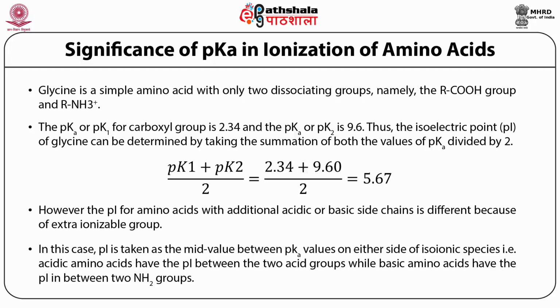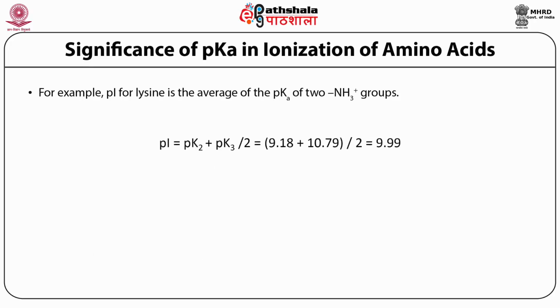Similarly, in the case of basic amino acids such as lysine, the pI is the average of the pKa of the alpha NH2 group and the epsilon amino group, or the pI of arginine is the average of the pK of the alpha amino group and the pK of the guanidinium group. In this example, you can see that lysine has a pI which is the average of two amino groups, one the alpha amino group, the other the epsilon amino group.